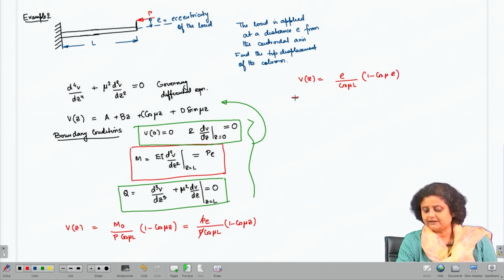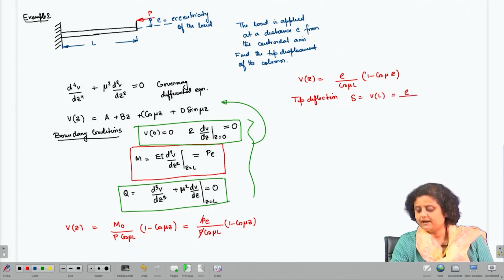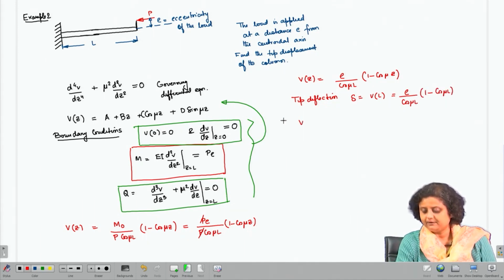Therefore, the tip deflection can be written as delta, which is V of L, which is E by cos mu L into 1 minus cos mu L, which can further be simplified as delta equals E into sec mu L minus 1.